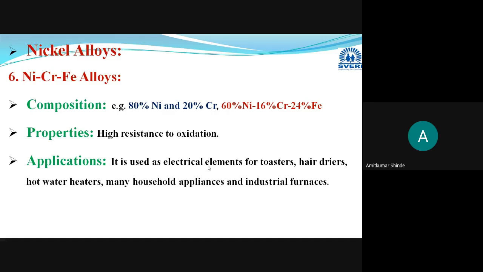Then there are different industrial furnaces. In the industrial furnaces also we require heating elements. All these heating elements are manufactured with the help of these nickel, chromium and iron alloys.